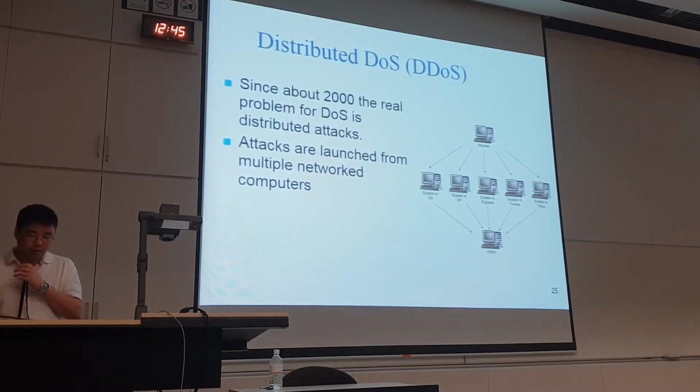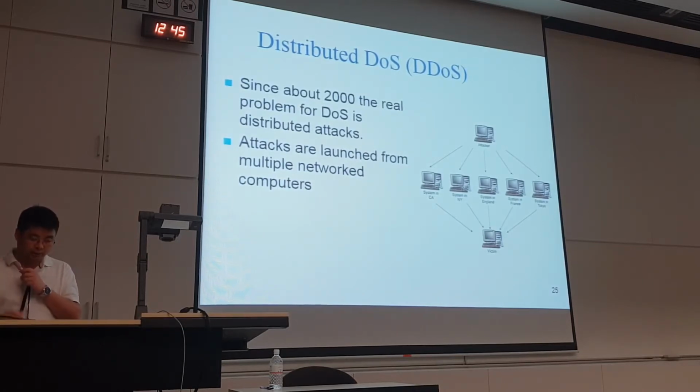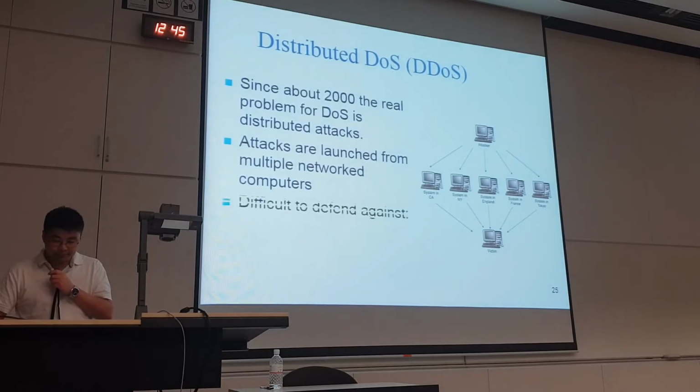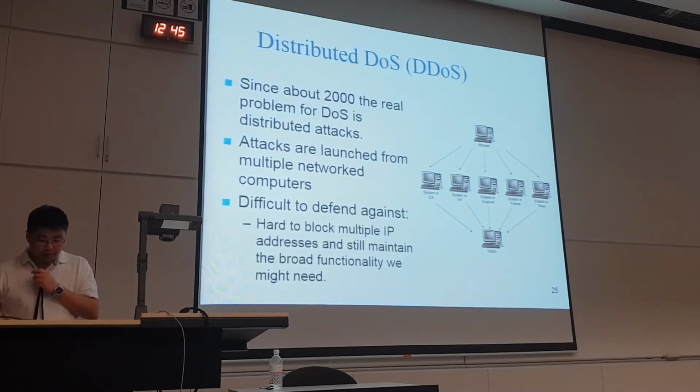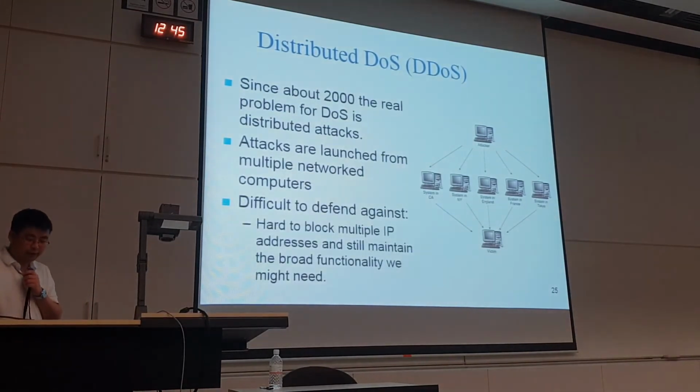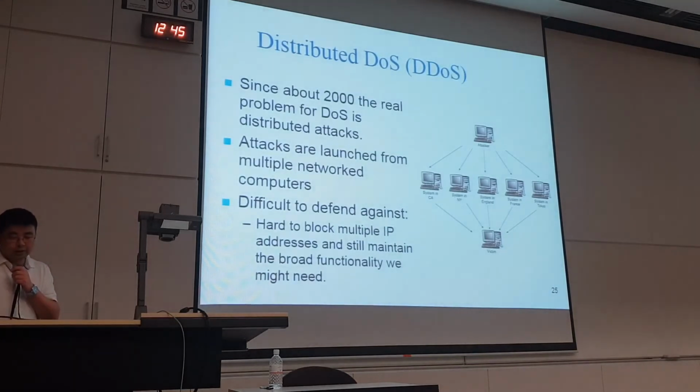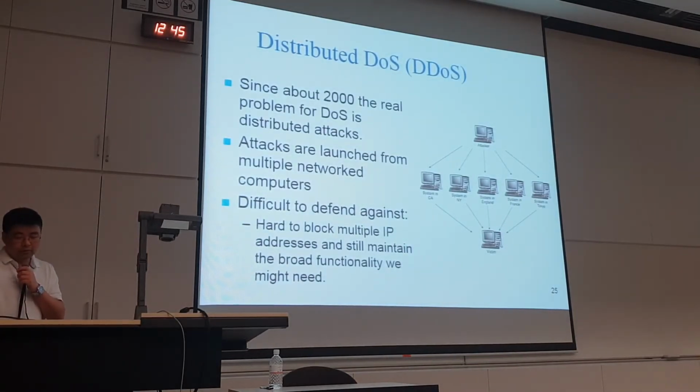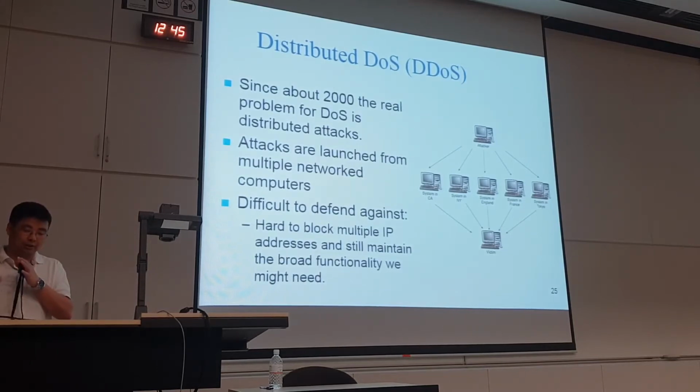So usually the attacker can just control a botnet, and then the botnet will help the attacker to launch the distributed denial of service attack. This kind of attack is sometimes difficult to defend against, because the world is interconnected, so you can have zombie machines infected in different locations.